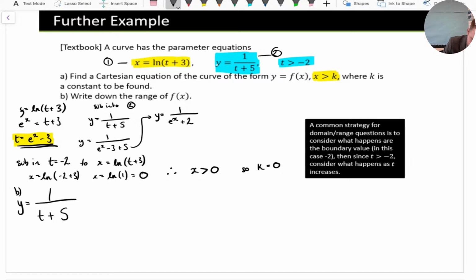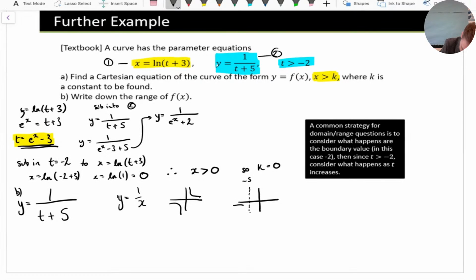Well, we know that the graph of y is equal to 1 over x looks like this. Inside the bracket is opposite, so if I'm adding 5, I need to move left by 5. So this graph is going to have an asymptote instead of at 0 at -5, and it's going to be like this.